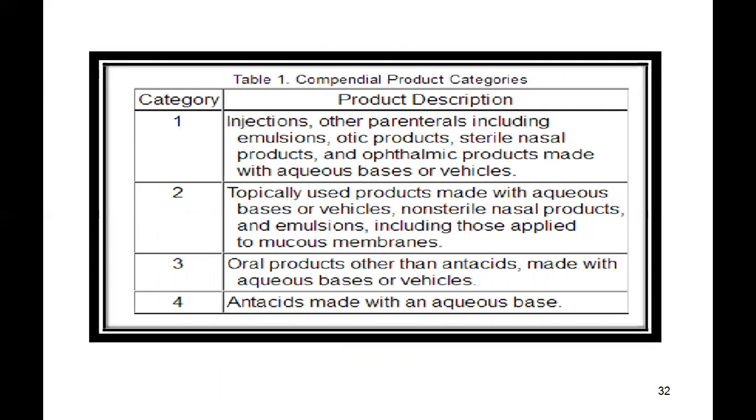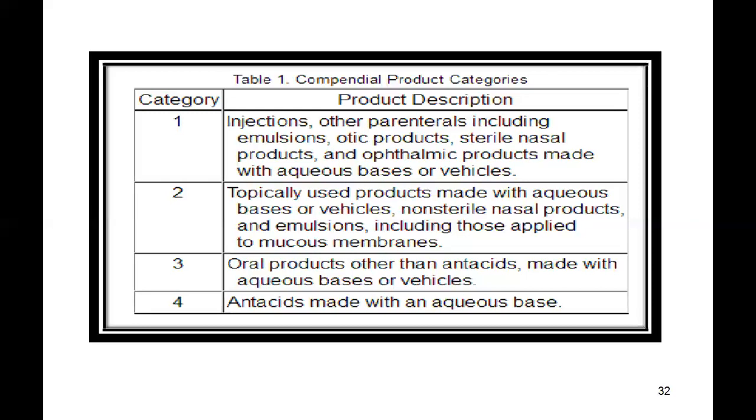So for that, they have categorized all the products into 4 categories. Category 1 includes all the injectables, parenterals, ophthalmic formulations, otic formulations, sterile nasal formulations, and products made with aqueous bases or vehicles. So basically, all sterile aseptic formulations are categorized in category 1.